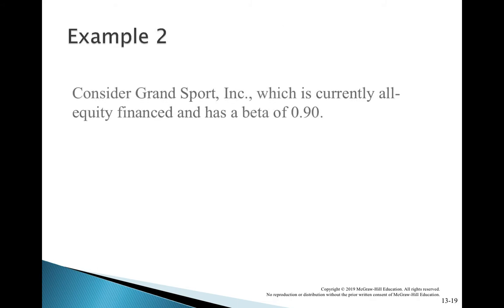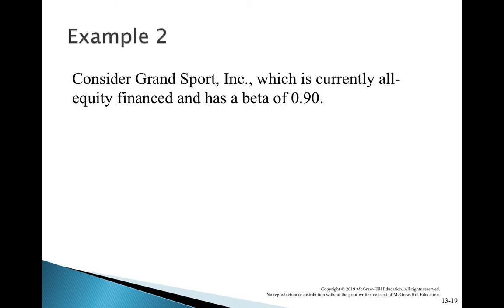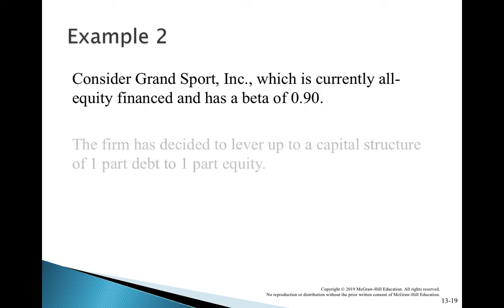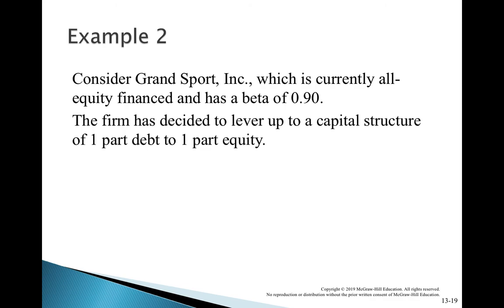How? Let us take an example. Consider Grand Sports Incorporation, which is currently an all equity financed company, and it has a beta of 0.9. The firm has decided to lever up to a capital structure of 50-50, one part debt, one part equity, meaning a 50-50 debt equity ratio.